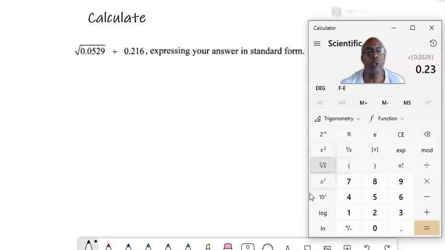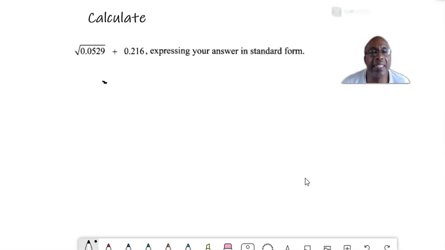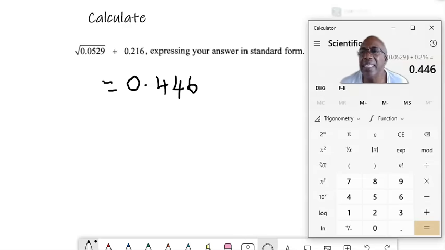I get 0.23, and then I add 0.216, equals, I get the answer as 0.446. And make sure that's correct. Yes, 0.446.